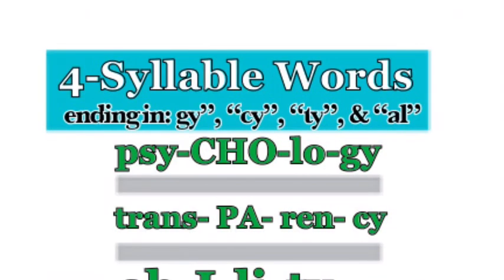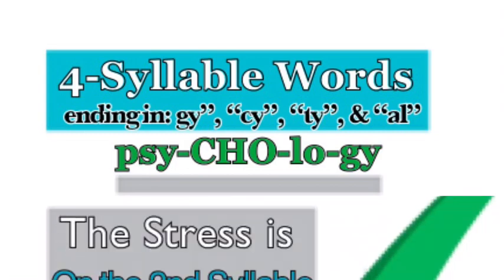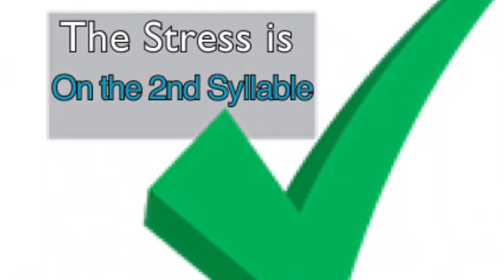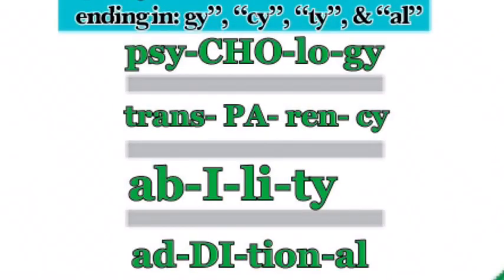Now, what do we do with the four-syllable words? For four-syllable words, especially those ending in gi, ci, ti, and al, the stress is on the second syllable. Examples: psychology, transparency, ability, additional.